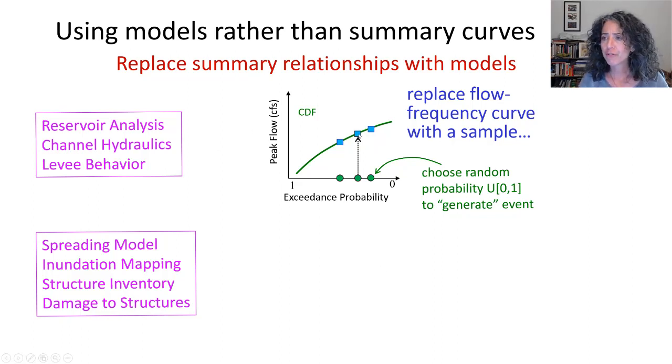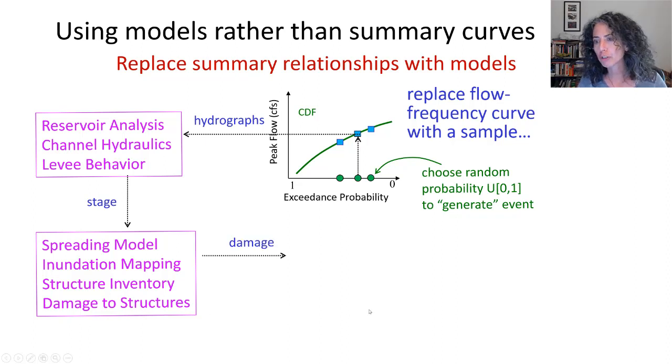So for every flow that we can pull off the frequency curve, we can transform it to a hydrograph, and then route it through our reservoir analysis, our channel hydraulics, levee behavior if there's a levee to get stage. Then if there's a levee breach, or if there's no levee but flow gets outside the channel, we've got a spreading model, do inundation mapping, use our structural inventory and compute damage to structures to compute a damage, right? So for each event, each sample member, we get damage.